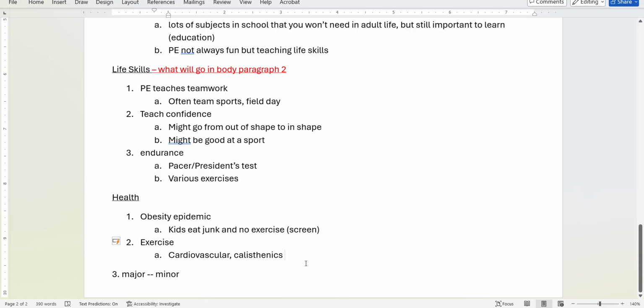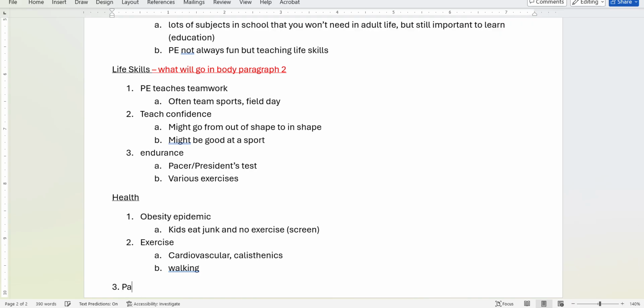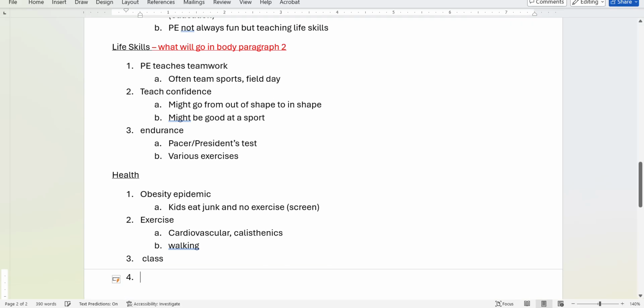Okay. So it's going to do exercise, cardiovascular, calisthenics, and I'm going to say something about like even walking is better than nothing. And then my third reason that it's good for health is that, when I was in school anyway, it is often paired with a health class. Okay, paired.